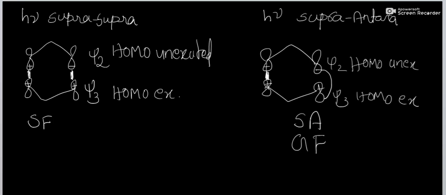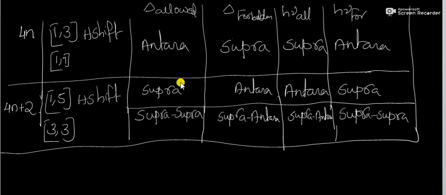That is the case of 3,3 sigmatropic rearrangement reaction. Same way we can draw the mechanism of 1,5 hydrogen shift, 1,7 hydrogen shift, etc. So this is the Woodward-Hoffmann rule for sigmatropic rearrangement reaction. This is 1,3 hydrogen shift that belongs to 4n system. Here the total number of electrons involved includes pi electrons and sigma electrons also.